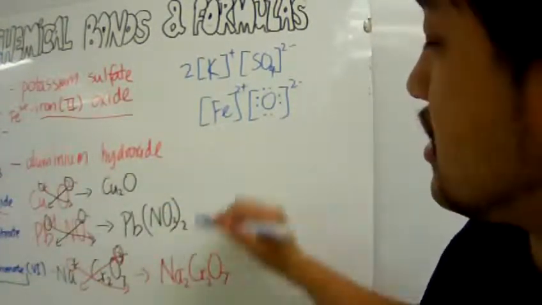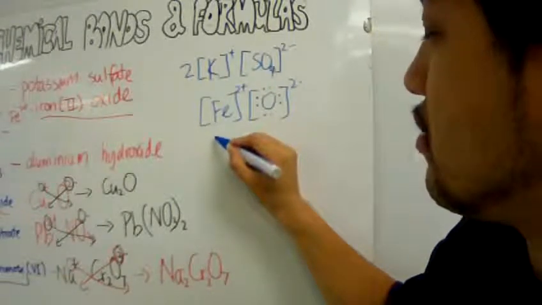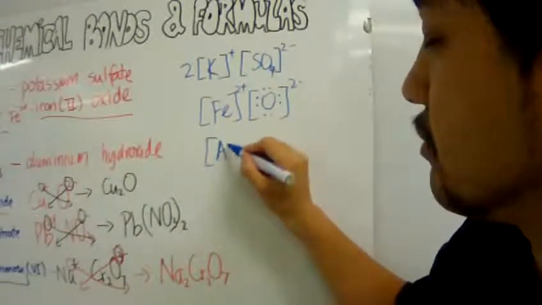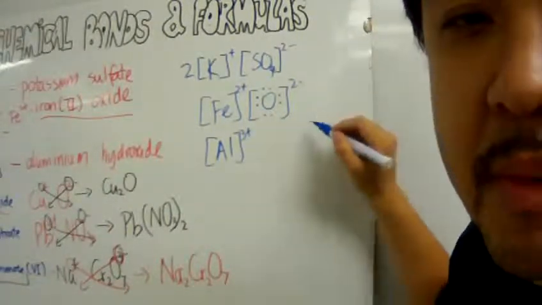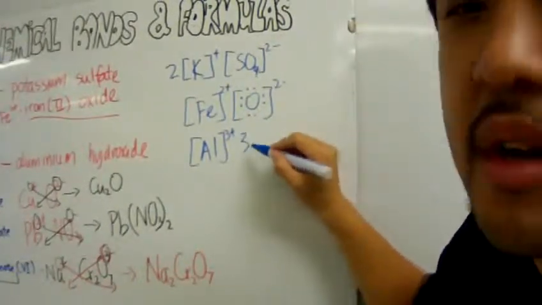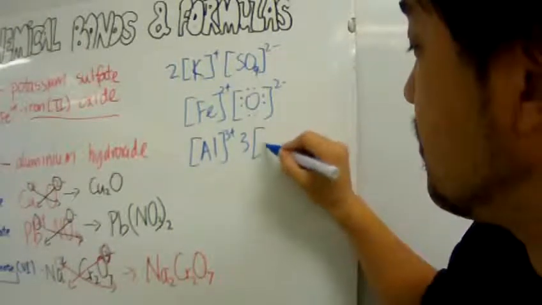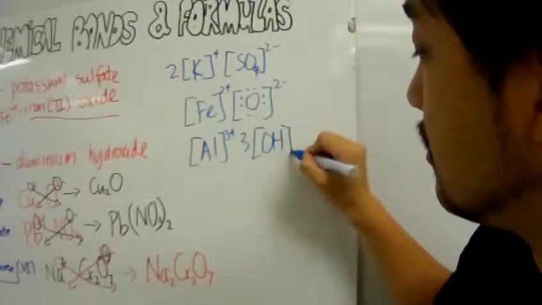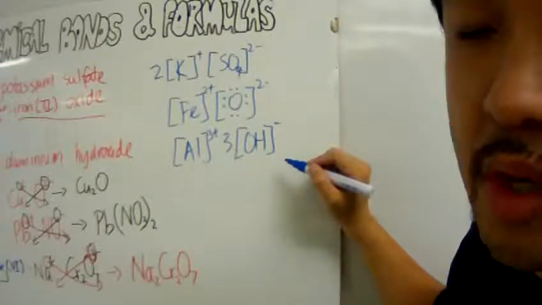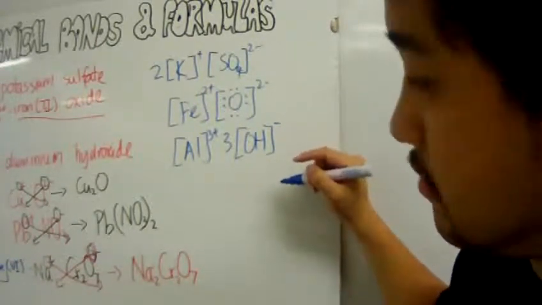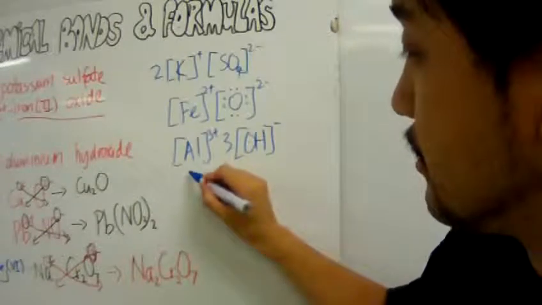Aluminum hydroxide, again we have 1 aluminum with a 3 plus, and we have 3 hydroxides, and each hydroxide has a negative 1 charge, and so I'll represent it here. Quite easy, isn't it?